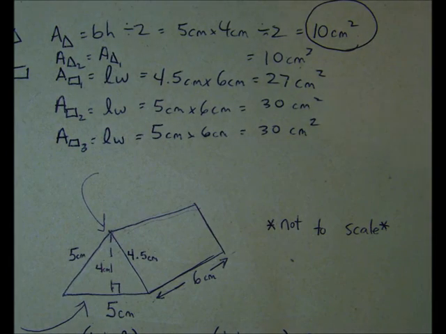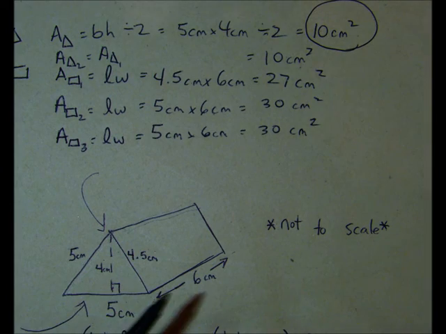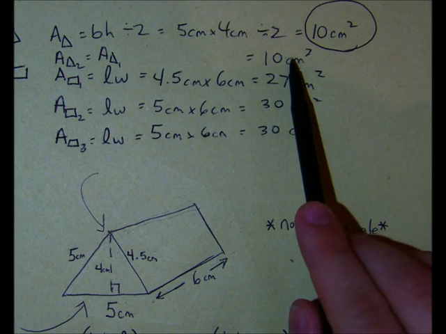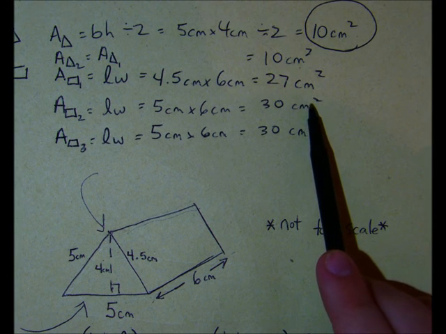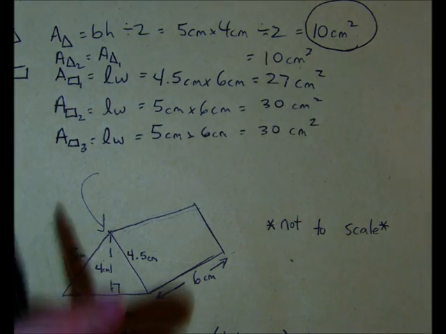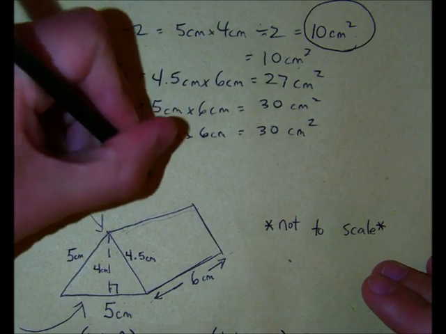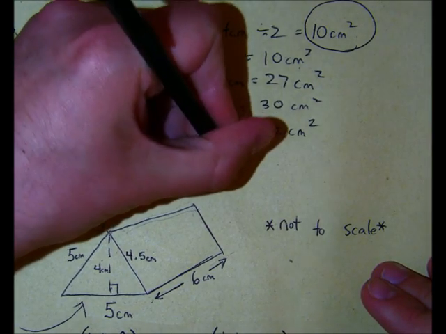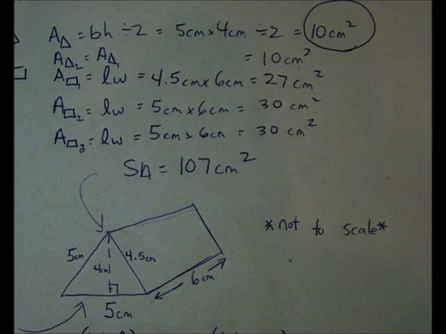Okay, so then all I have to do to get the surface area is add up the areas of each face. So 10 plus 10 is 20, plus 30 is 50, plus 30 is 80, plus 27 means that the surface area is 107 centimeters squared. Hopefully that's clear.